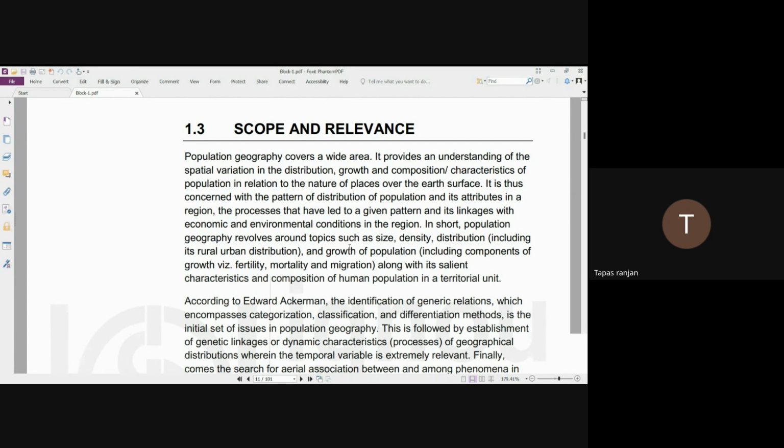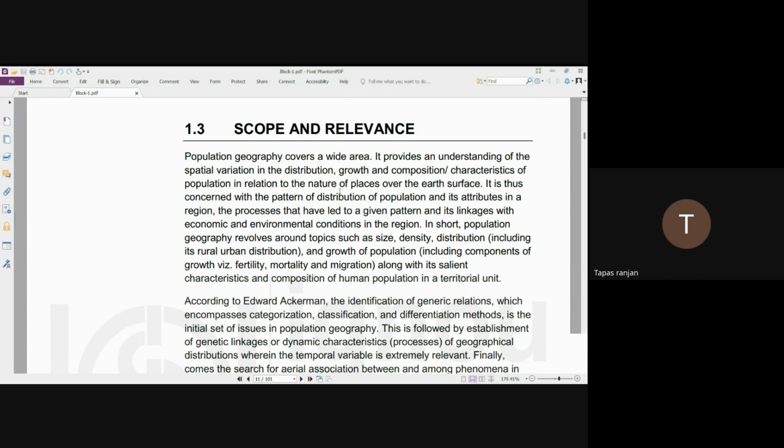Because if we don't understand population, then different administrative measures cannot be taken. Let's suppose the population density in a city is very high, or the population size of any state is very high. Then different population policies can be made by the administrators.